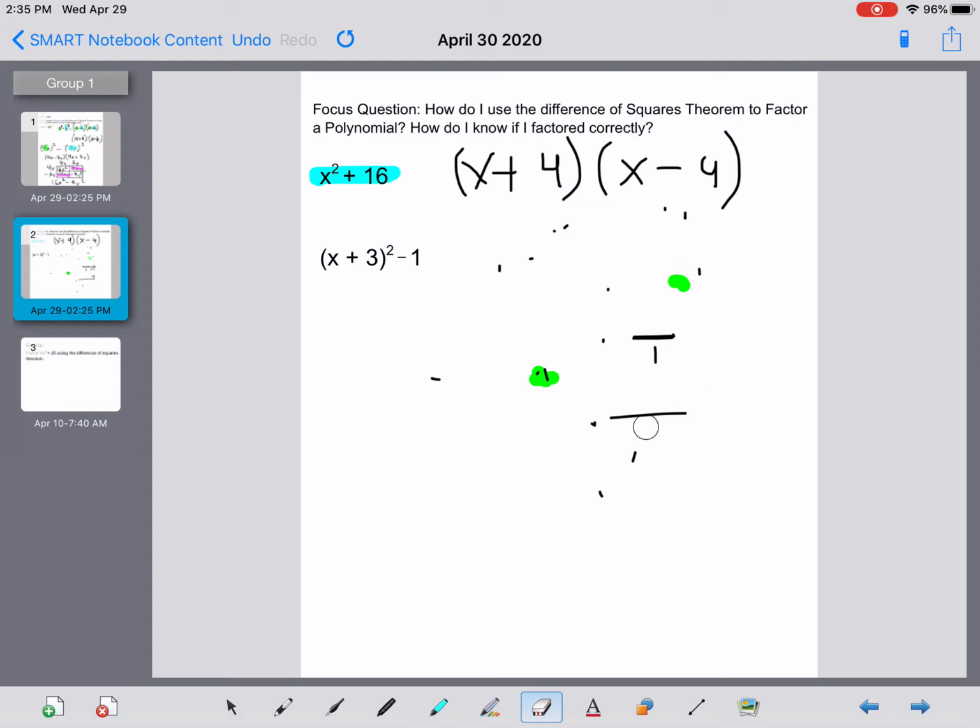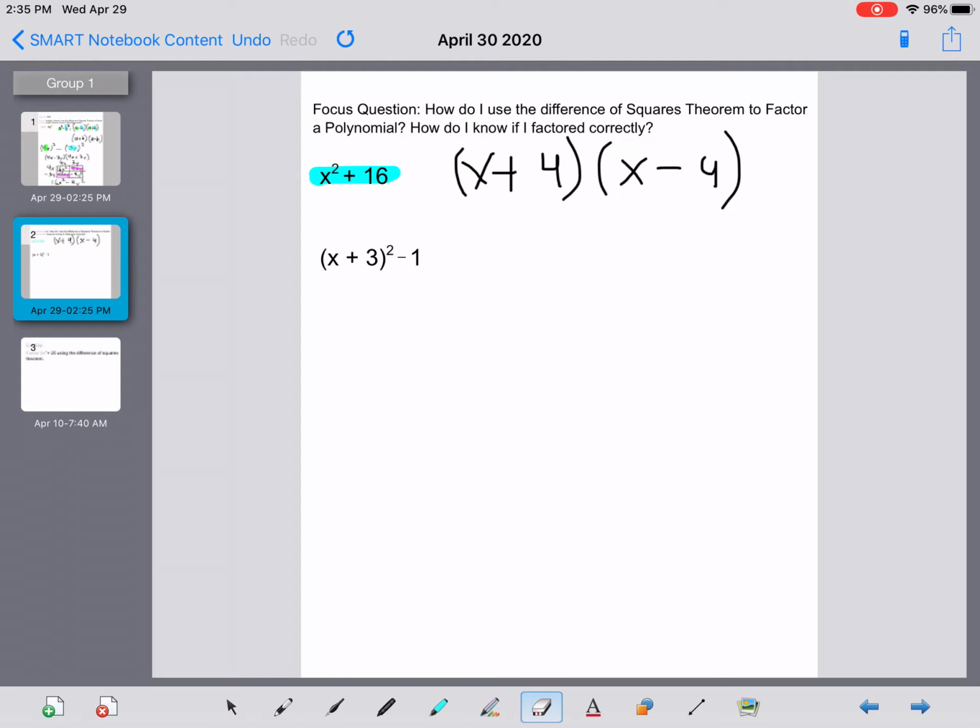And so if somebody asks you to factor x squared plus 16 using the difference of squares theorem, you would just say impossible. Can't use the difference of squares theorem to factor an addition polynomial.